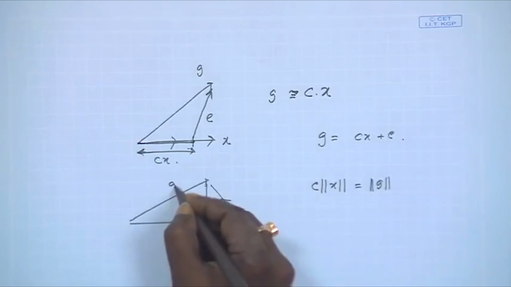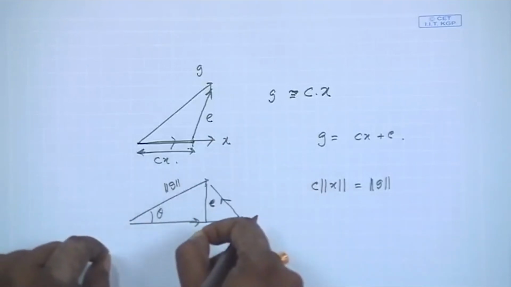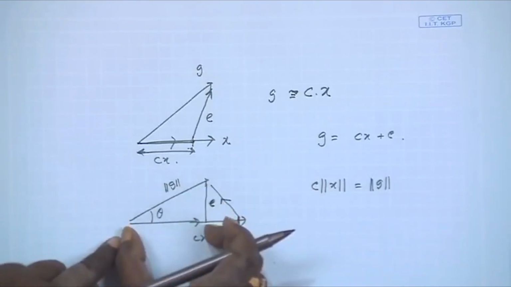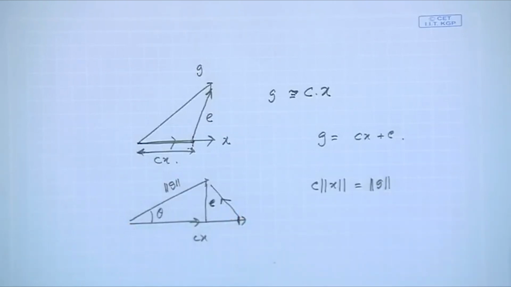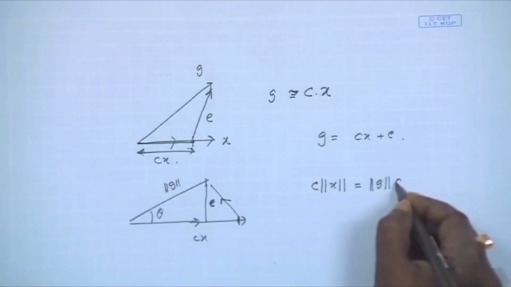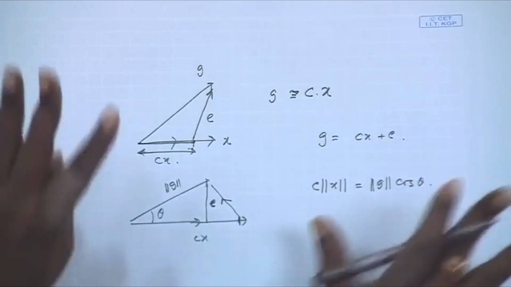That must be the value of g into cos theta, because it is exactly the projection. So g cos theta must be Cx, the modulus I am talking about, of course. I am not talking about the direction, because I have already taken the theta. So C into x must be g cos theta. So this should be the case.